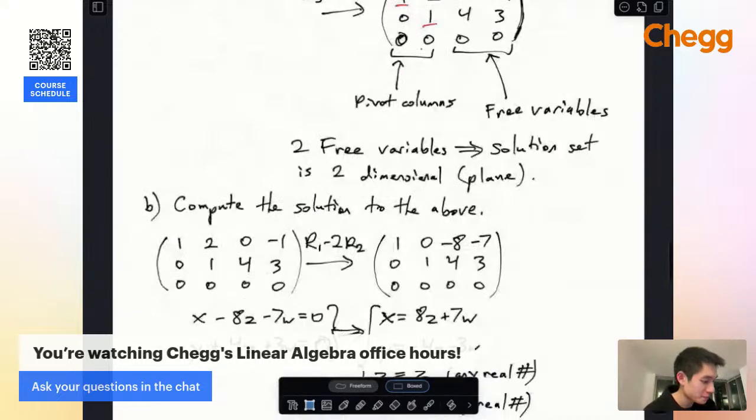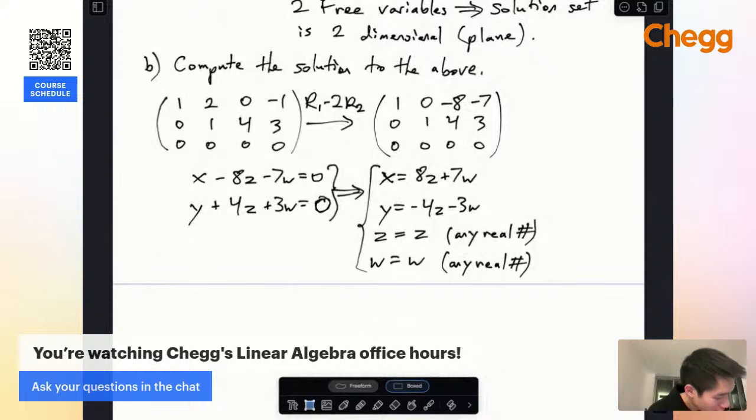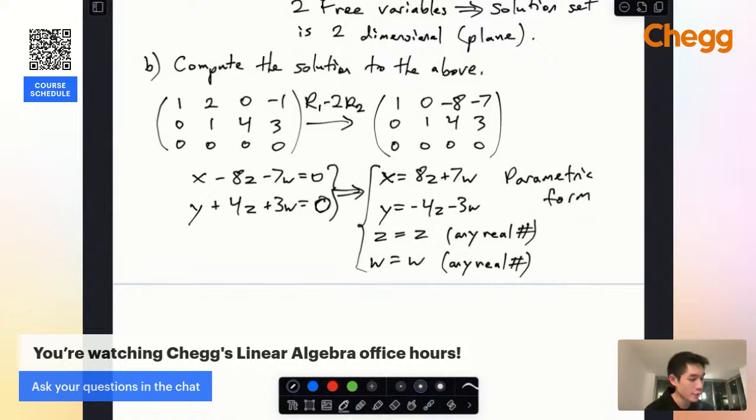Okay. So how would I write this in a vector? So this is parametric form. The way to write this as a vector form is to group all the variables of the same letter together.